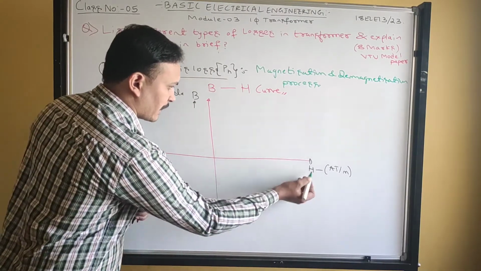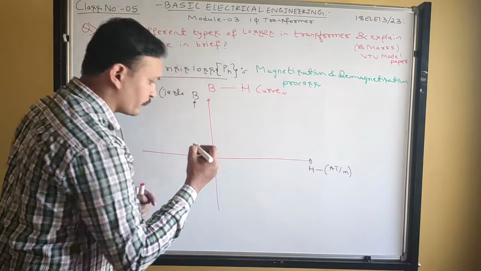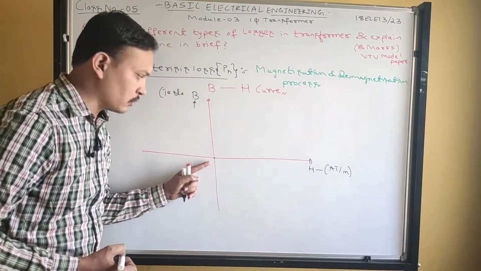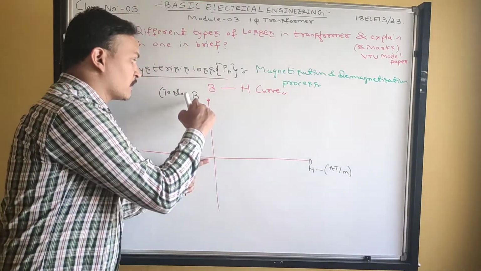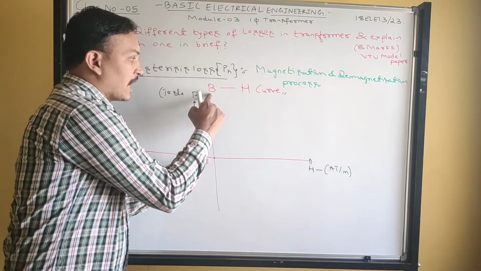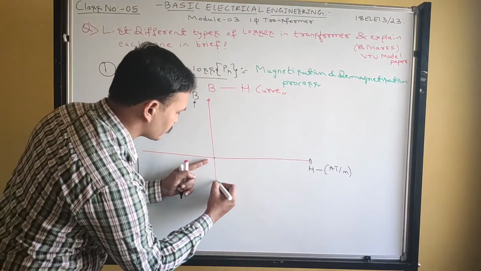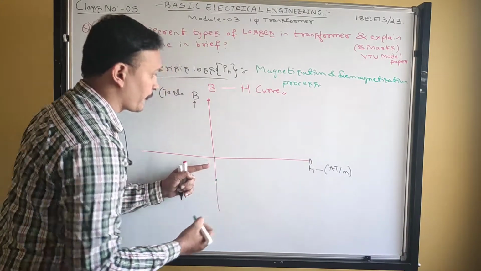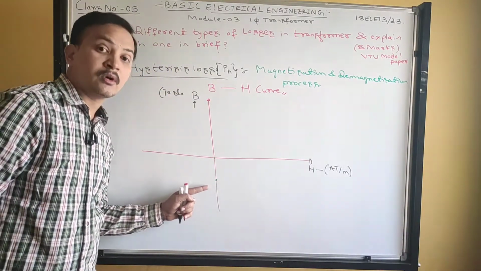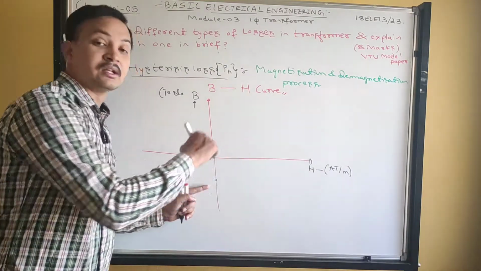See, when magnetizing field strength is zero, at that condition your flux density lags the field strength by some amount. So your flux density will be here. Flux density has some amount of value when there is no magnetic field strength.